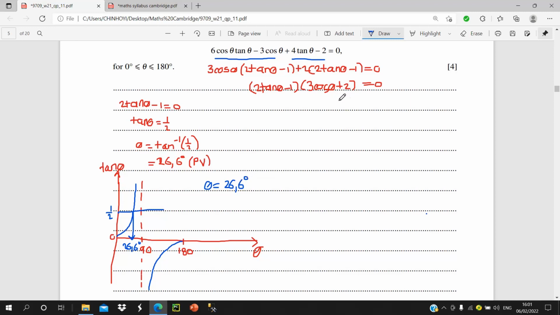So equating the second bracket to 0, 3 cos theta plus 2 is equal to 0. We are going to see that cos theta is equal to minus 2/3.